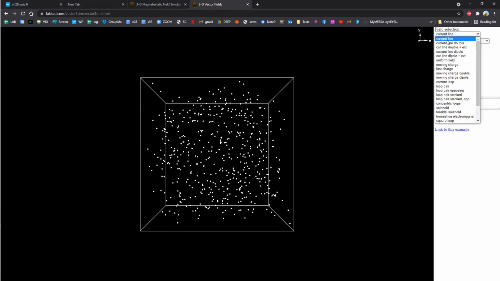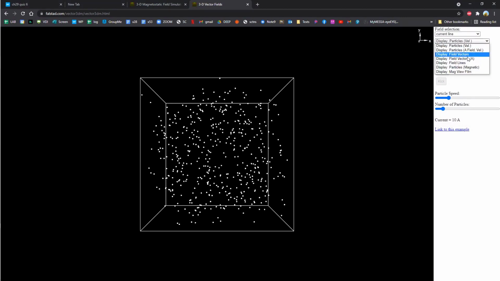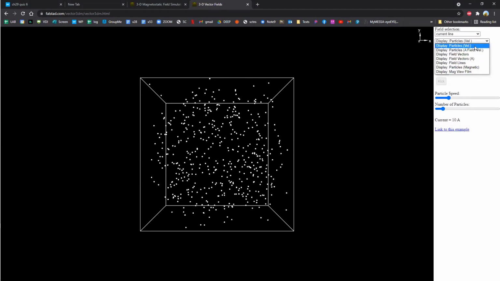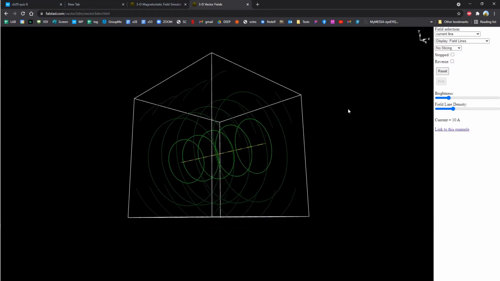Here's a line. So this is what a current carrying line looks like in terms of, let's just look at the field lines. All right. So a current carrying straight line is very interesting.